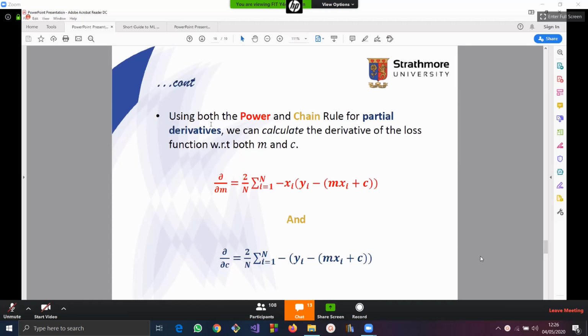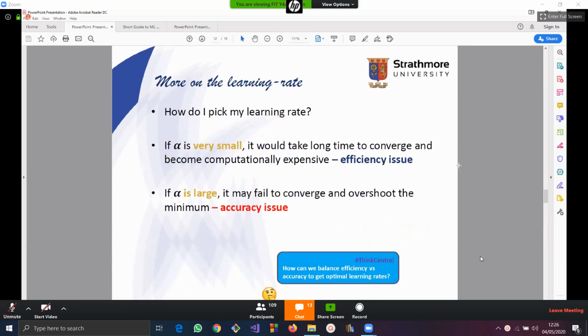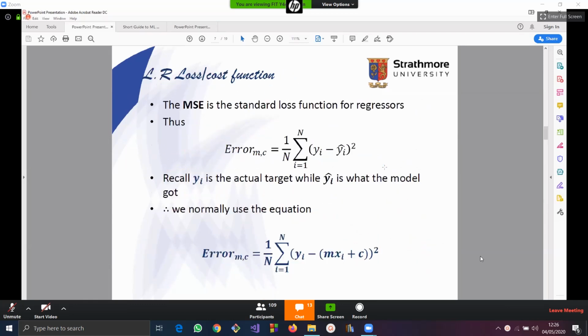Now, still the rules apply. Here we are going to use the chain rule, because you can see how the loss function looks: there's a power here, and then there's a function inside.